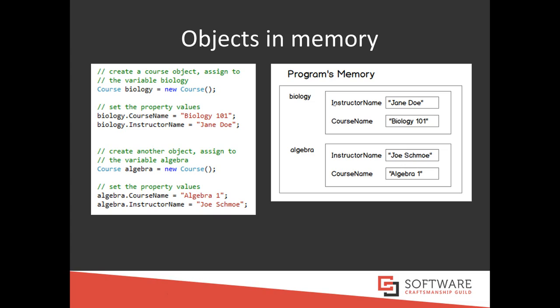If we were going to create an actual gradebook program, our course class would be just fine, but we might also have a student class that would have the student's ID number and the student's name and their grade. And then on the course class, we might want to have a list of enrolled students.